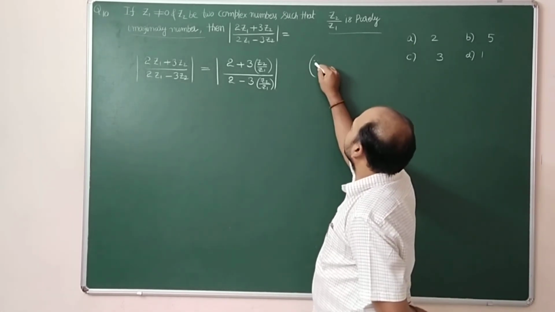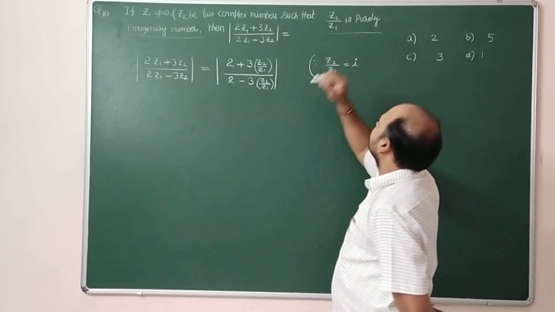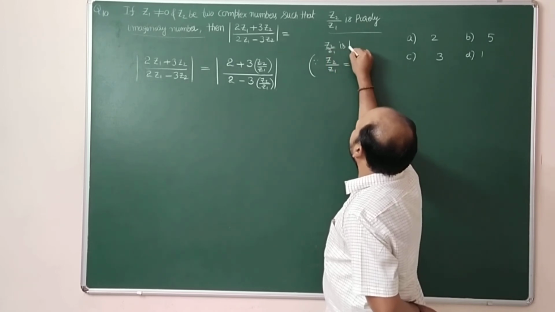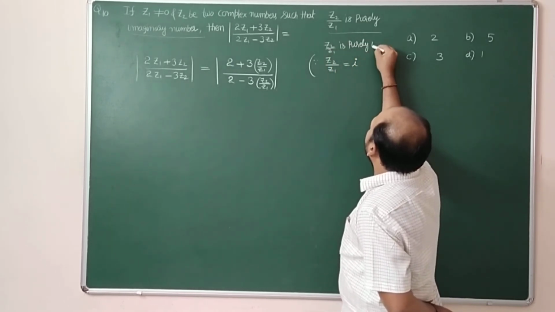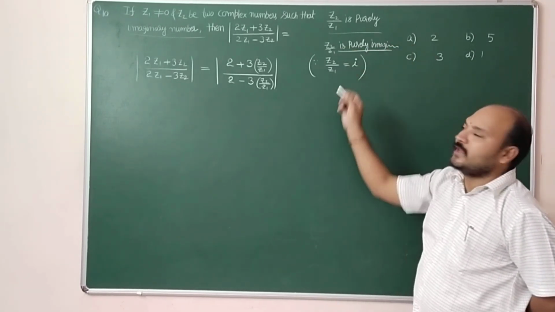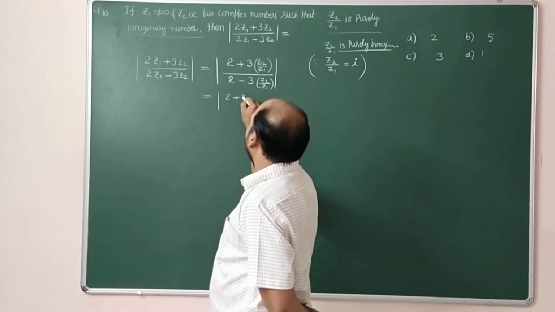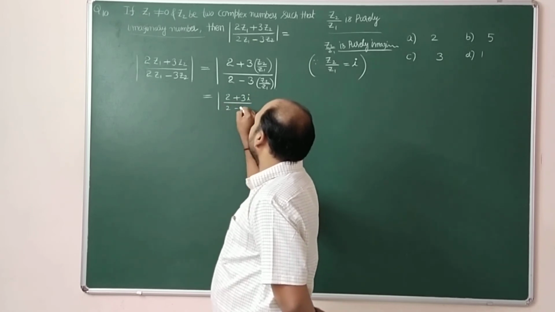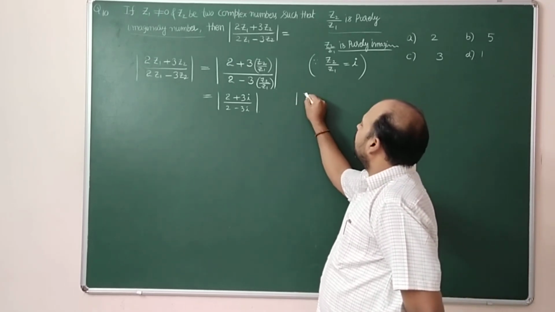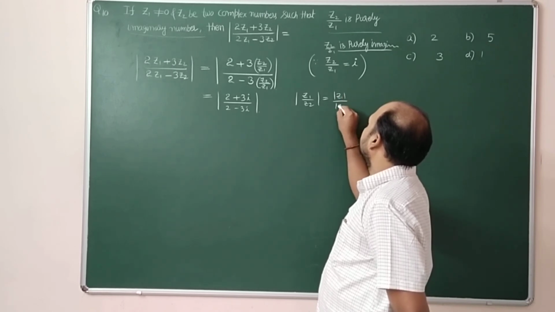Since z2 by z1 is purely imaginary, whenever it is purely imaginary I am taking z2 by z1 as i. So now it will become 2 plus 3i divided by 2 minus 3i. Again here one important property: mod of z1 by z2 is equal to mod z1 by mod z2.